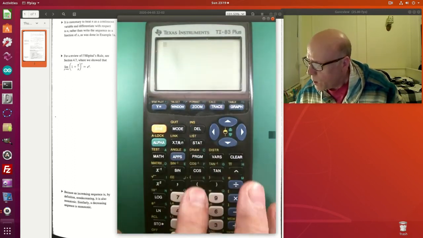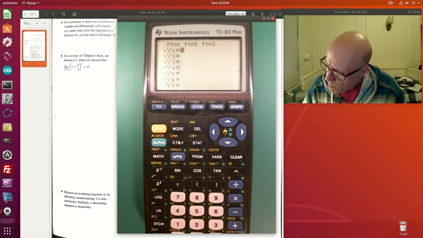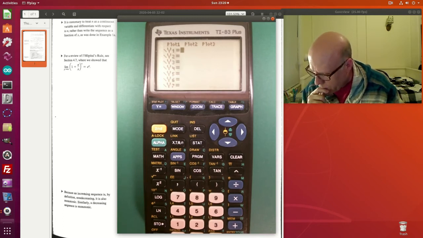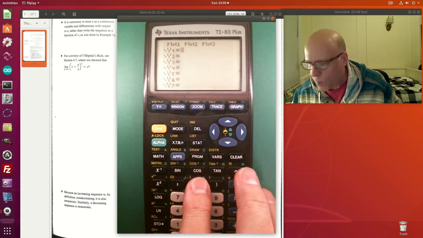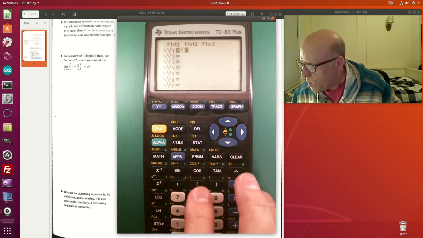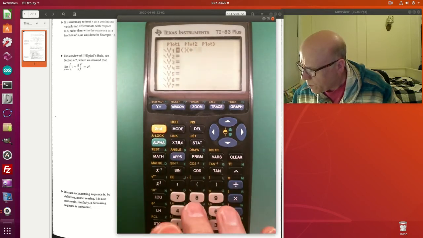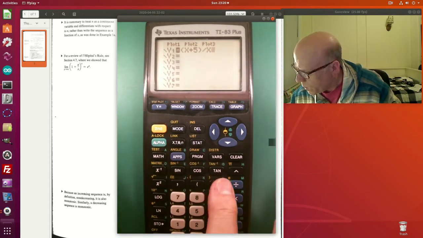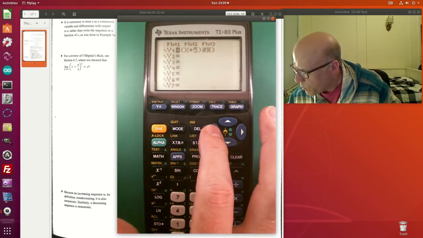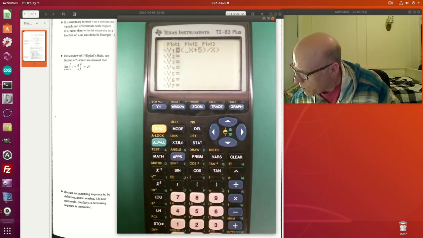Going to y equals, I had something old in there. The function we were dealing with had n's in it, but I'm going to replace those with x's. So it was x plus 5 divided by x, and then that whole thing, that'll be misformed if I do it that way, I need to insert another parenthesis, okay?